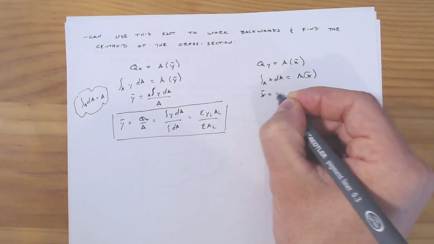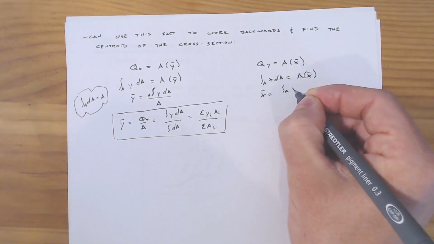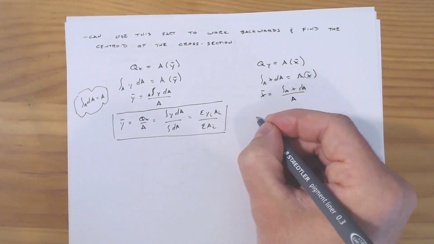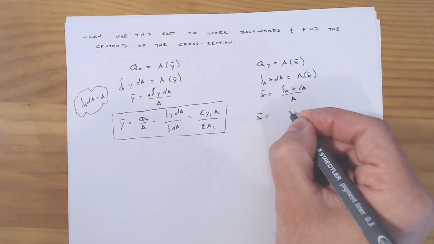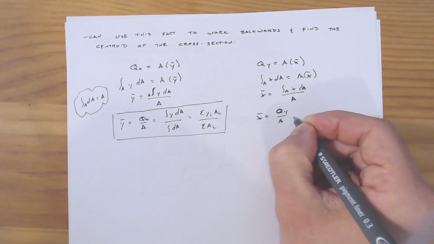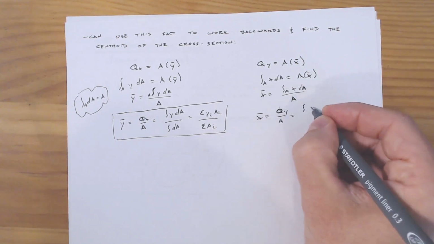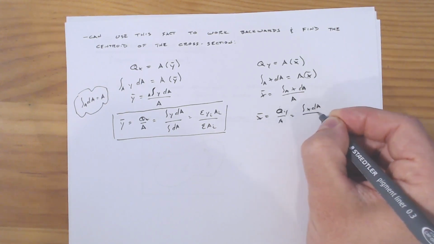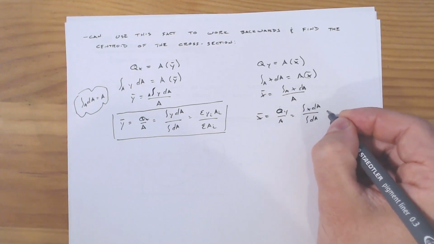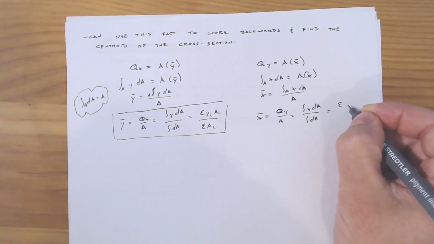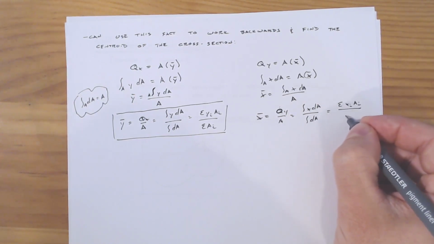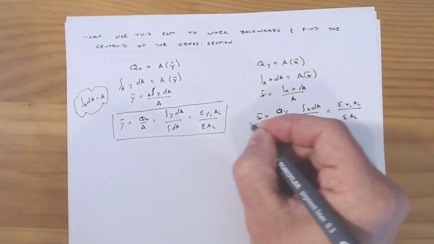Rearranging, x bar equals the integral of x dA over A. So x bar equals Qy over A equals the integral of x dA over the integral of dA. And of course this simplifies to the sum of each little area multiplied by its distance to the centroid over the sum of the areas.